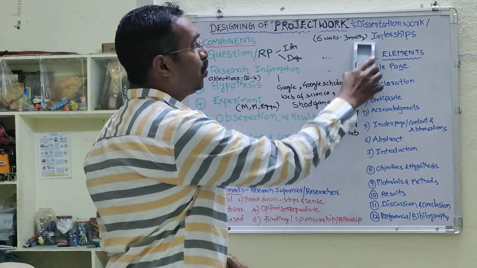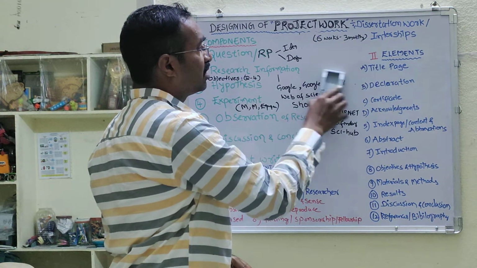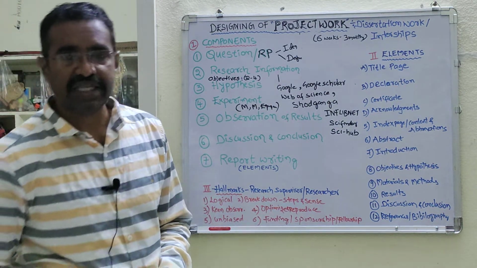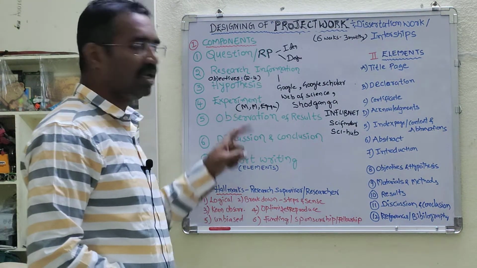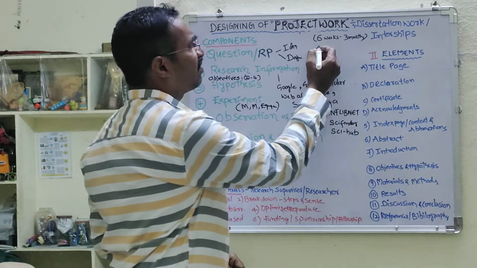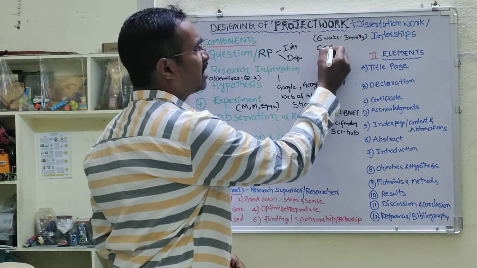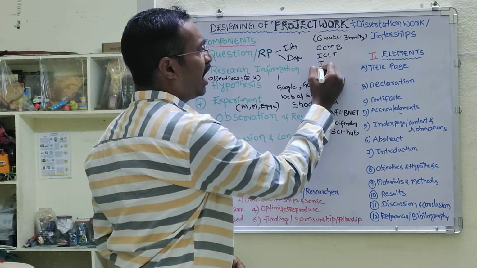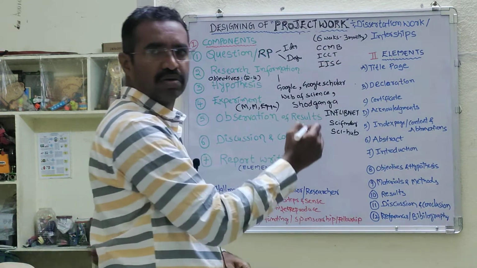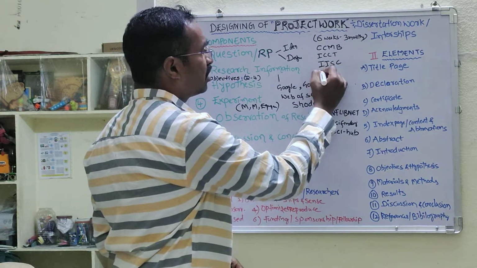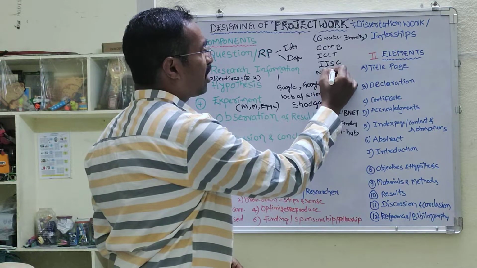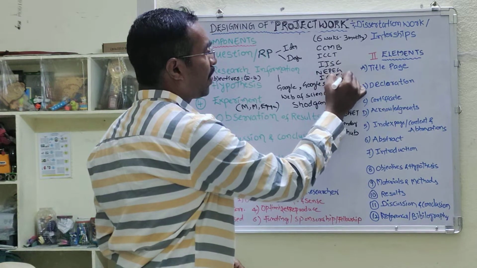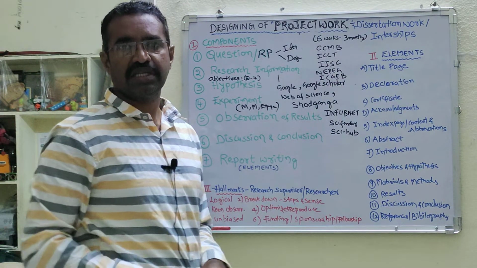Why? Because doing project work is not that easy, because you need a lot of money to carry out your experiments. Along with this, there are several other national laboratories such as CCMB, IICP, and also IISc Bangalore, and also NIPGR, ICGEB, the International Centre for Genetic Engineering and Biotechnology.